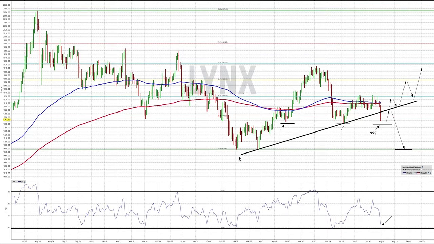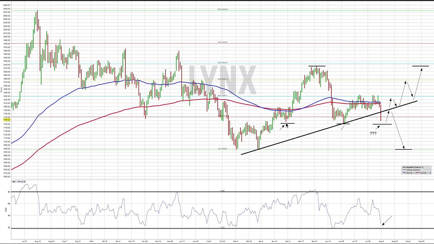For example, first of all, the ascending trend line here. This one broke on Friday, due to the fact we had a stronger US dollar during that non-farm payrolls for the month of July. And you see that there are three black lines here.